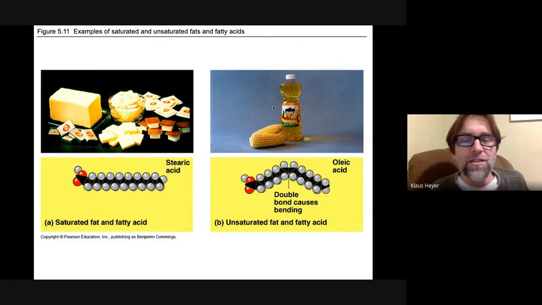Unsaturated fats, for the most part, are from plants, and saturated fats are from animals. Beef, lard, butter, it's all from animals, and it's all solid at room temperature.